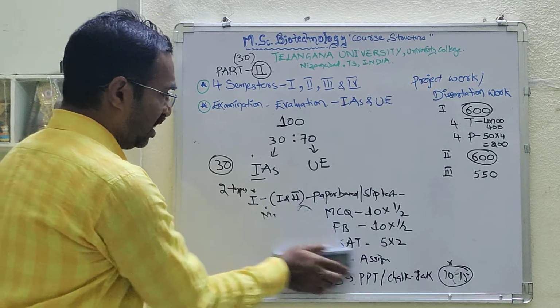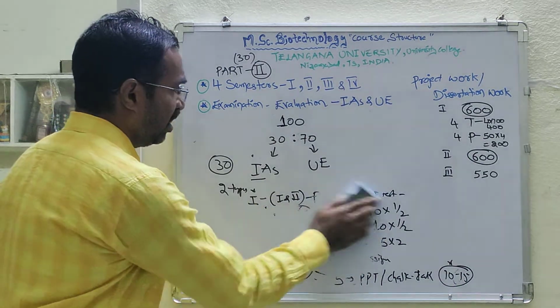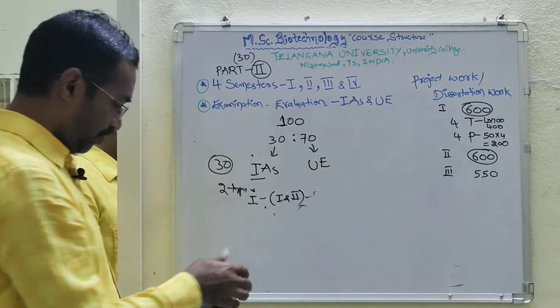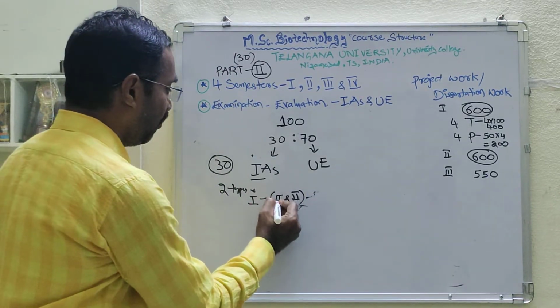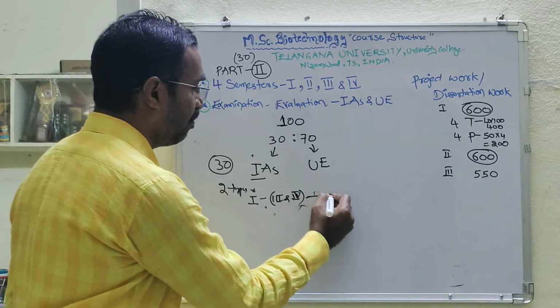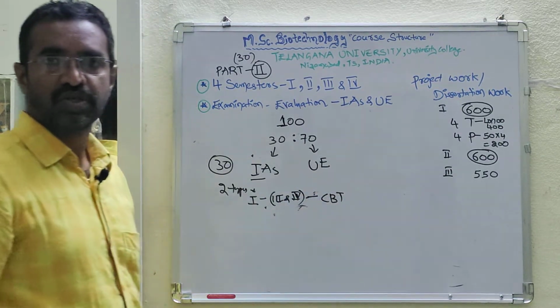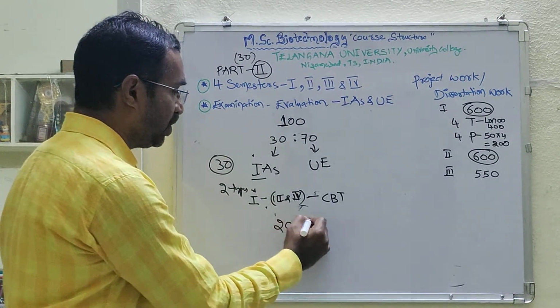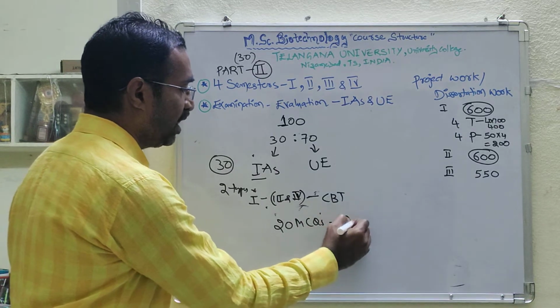The second one is conducted for units 3 and 4, and this is CBT based, a computer based test. The model paper is very simple, having 20 MCQs carrying 20 marks.